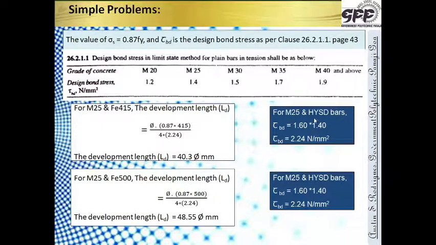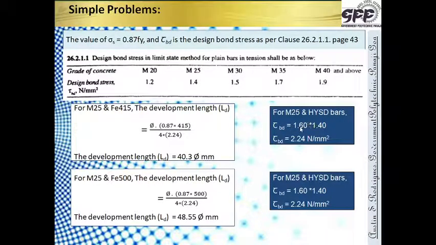Since the bars are HYSD bars, the steel grade is Fe415, they are not plain and rounded bars. They are bars with projections, bars with deformations, so they are HYSD bars. So the bond stress obtained for M25 from this table, 1.4, is enhanced by 60%. So instead of taking it as 1 into 1.4 equal to 1.4, we are taking it as 1.60 into 1.4.